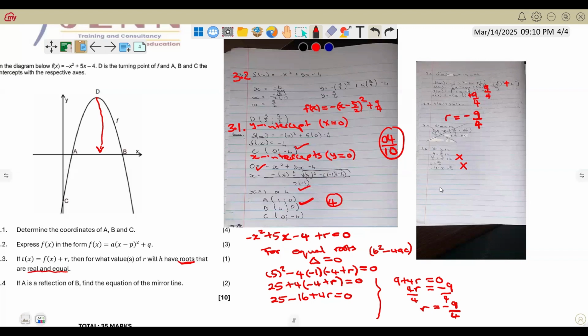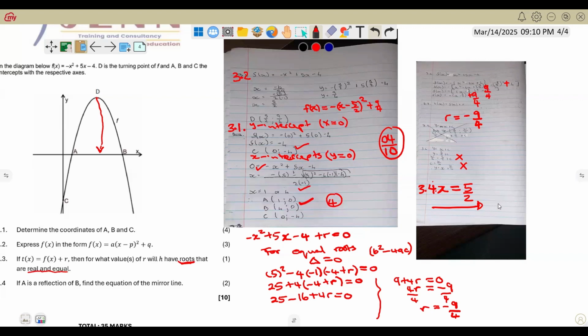So it was just supposed to be x equal to, what is the x coordinate at the turning point? 5 over 2. You just have to know that. So that's all I write, and then I'll get 2 marks.